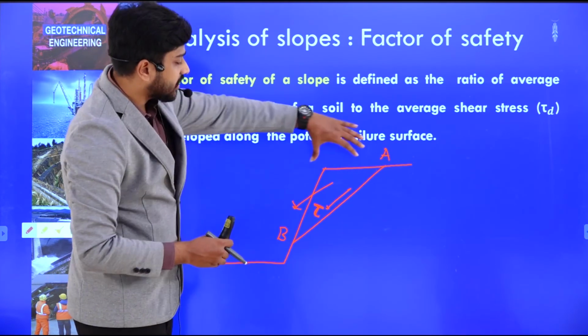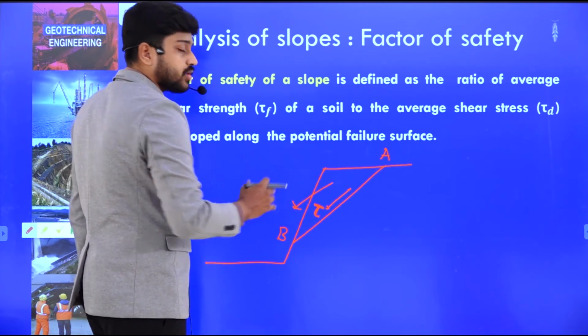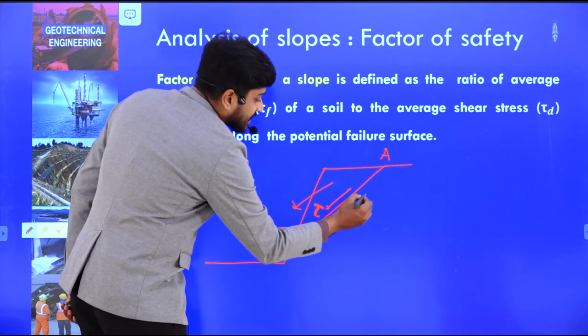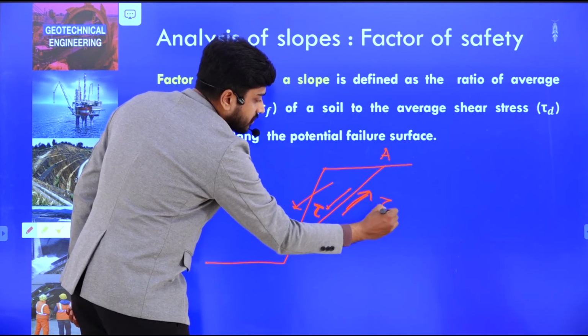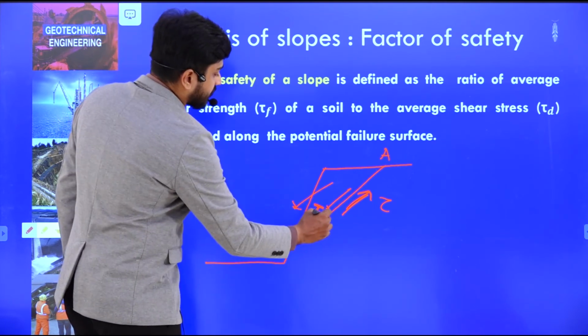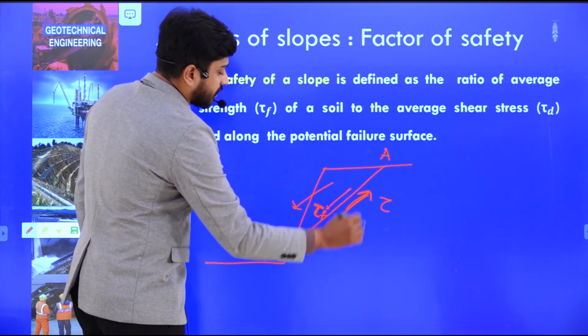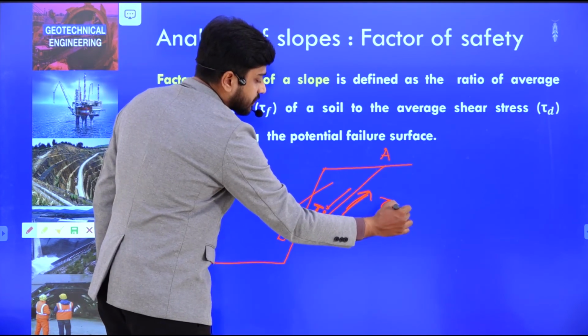That means it is sliding, so obviously there will be some shear. So I am representing the shear force in this manner. This is resisted by some other force here. For our understanding, this is represented by tau f, and this is represented by tau c.